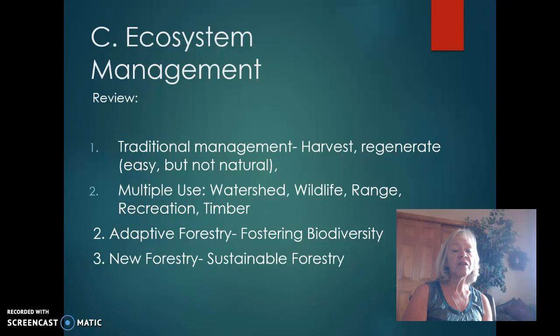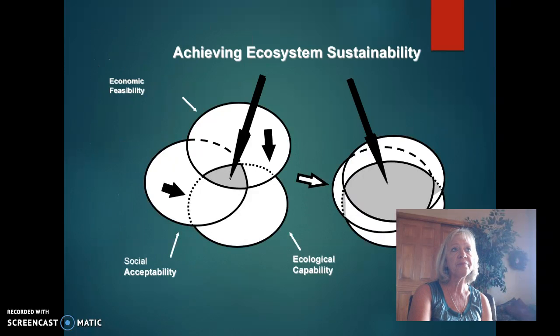Ecosystem management is contrasting with traditional management, which was harvest, regenerate, also managed in the 70s for watershed, wildlife, range, recreation, and timber. We also have words such as adaptive forestry, fostering biodiversity, and new forestry, focusing on sustainable forestry.